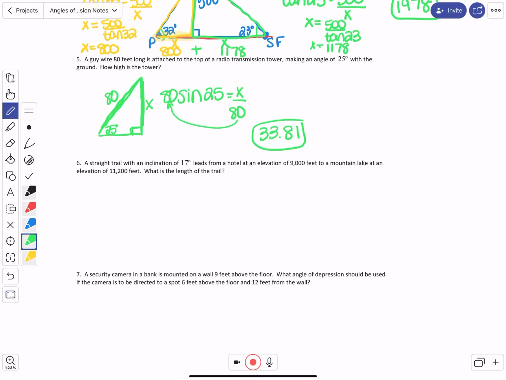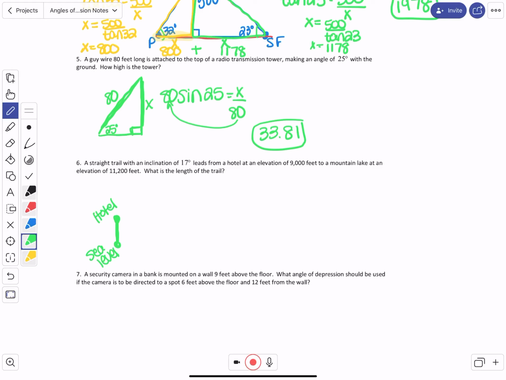Okay. All right, our last two are just a little bit more challenging. A straight trail with an inclination of 17 degrees leads from a hotel at an elevation of 9,000 feet to a mountain lake at an elevation of 11,200 feet. What is the length of the trail? Think of it like this: here is your hotel, and down here is sea level.